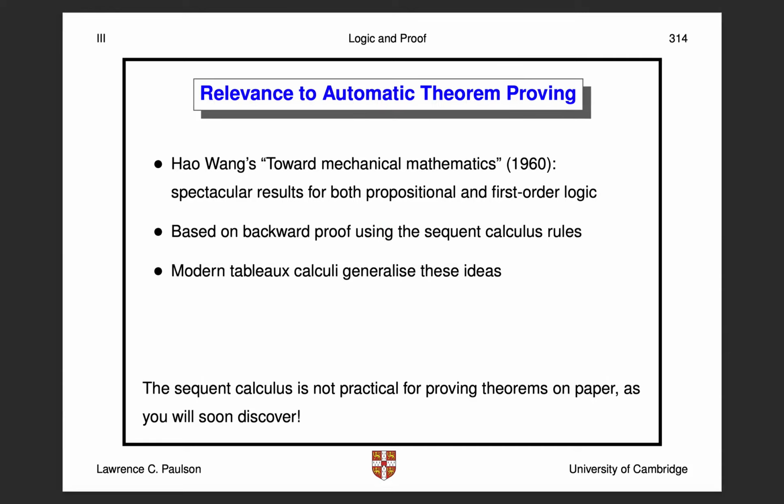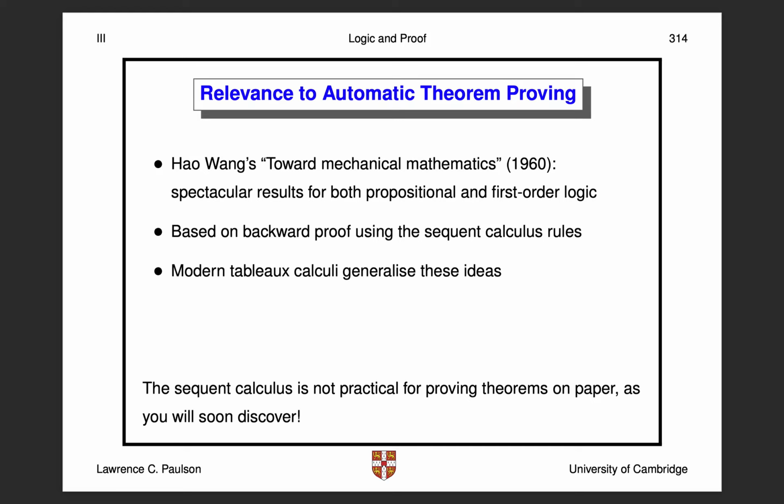Now, how does all of this relate to automatic theorem proving? It turns out it relates very powerfully indeed. There was a paper called Towards Mechanical Mathematics, published by Hao Wang.